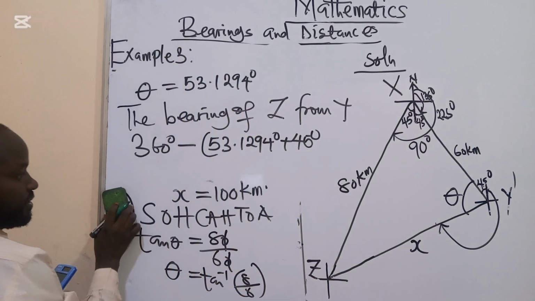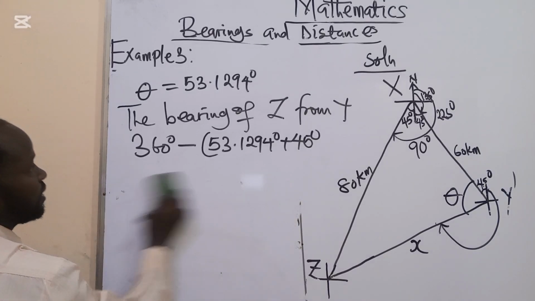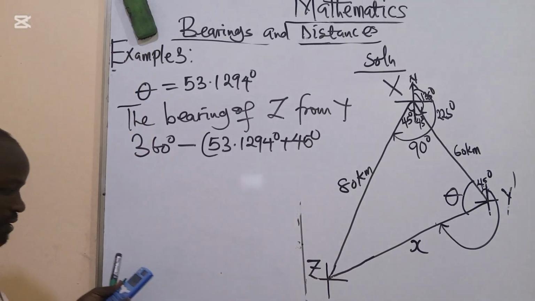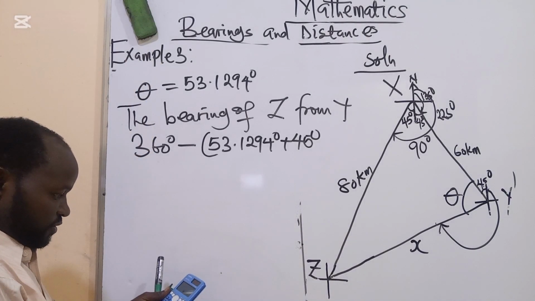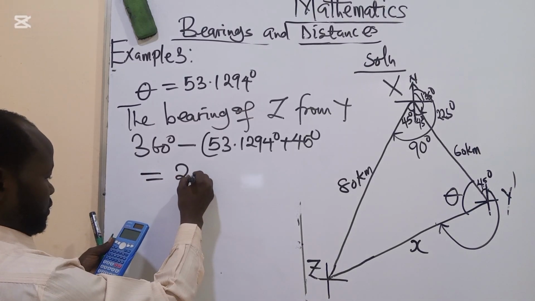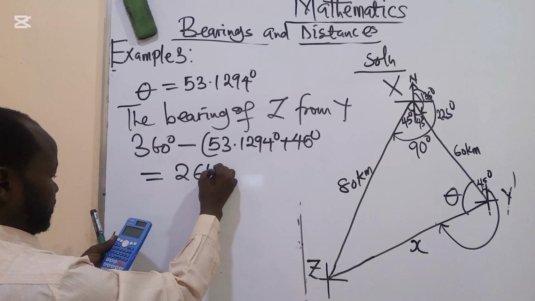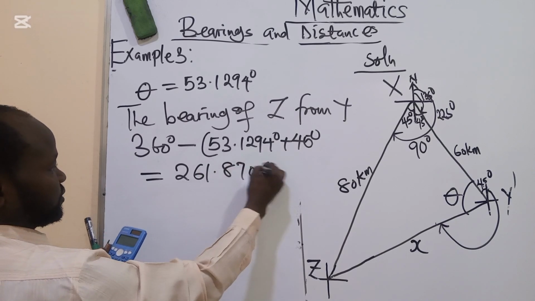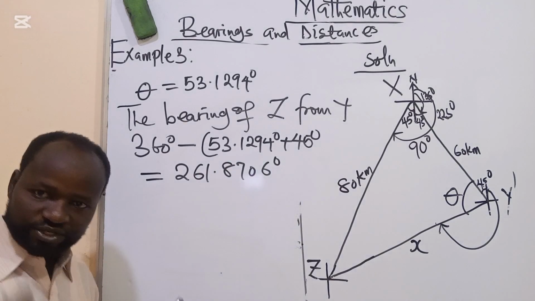What are we going to have finally? Minus it from 360, we'll have 261.8706 degrees. But the question said to the nearest degree.